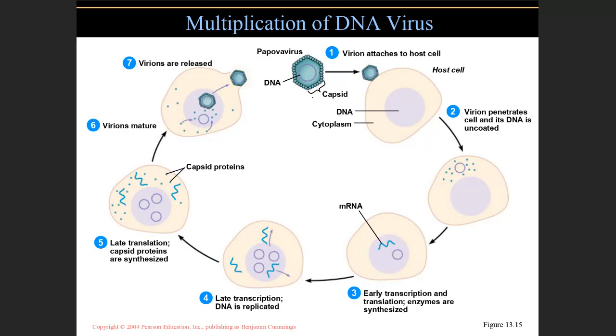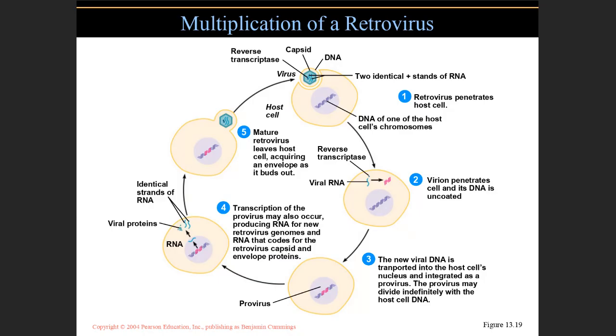Reverse transcriptase, correct. But our cells do not have that enzyme. So viruses with RNA genomes have to carry that enzyme with them. And so here we have an example of a retrovirus like HIV. HIV is an RNA virus. Its genome is RNA.